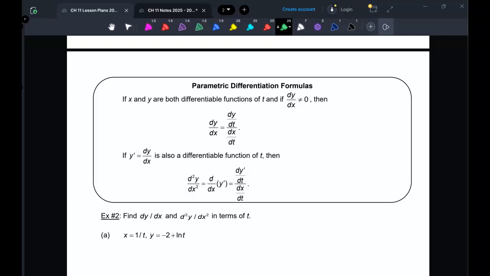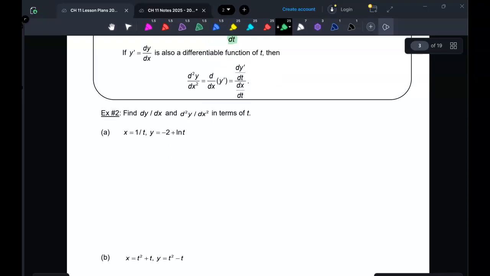Okay, nothing too crazy. So when we do the derivative, dy dx, it's going to be dy dt over dx dt. That makes sense, right? So we're going to do the derivative of y with respect to t, and the derivative of x with respect to t. We'll do that one first, and then we'll come back to the second derivative. So let's find dy dx here. We want dy dt over dx dt.